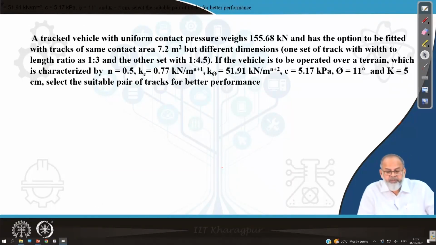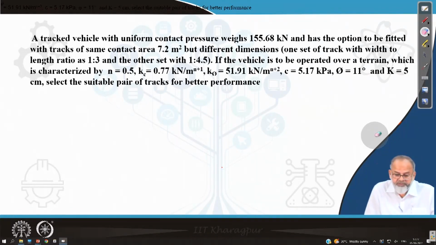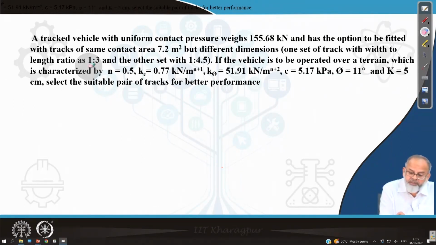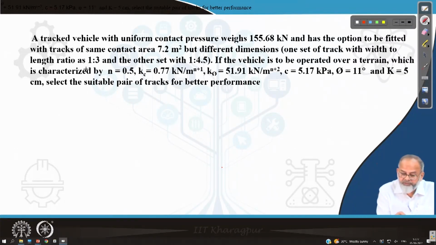A tracked vehicle with uniform contact pressure weighs 155.68 kilonewton, and it has the option to be fitted with tracks of the same contact area, which is 7.2 meter square, but different dimensions. One set of tracks has a width to length ratio of 1:3, the other 1:4.5.